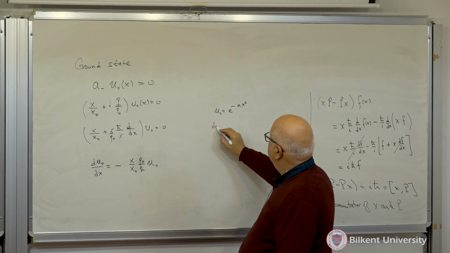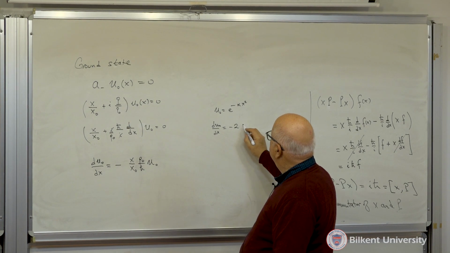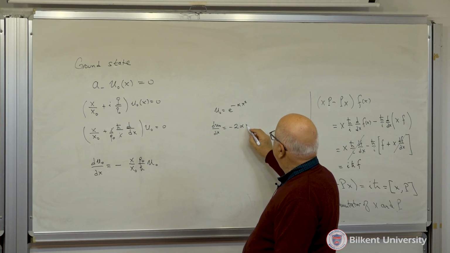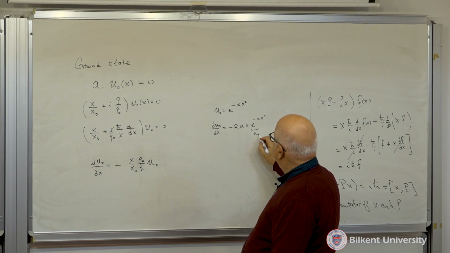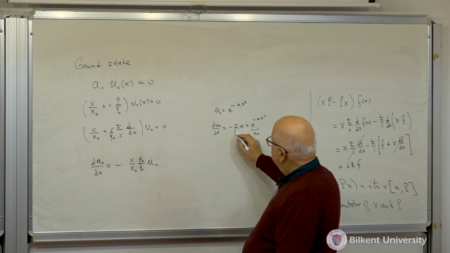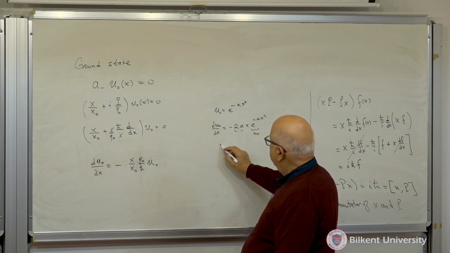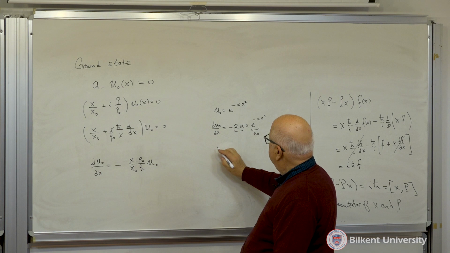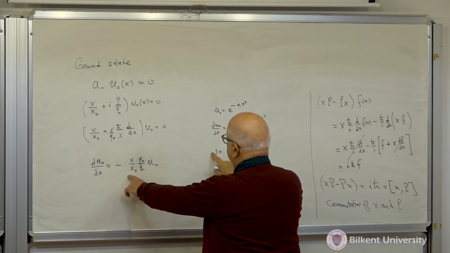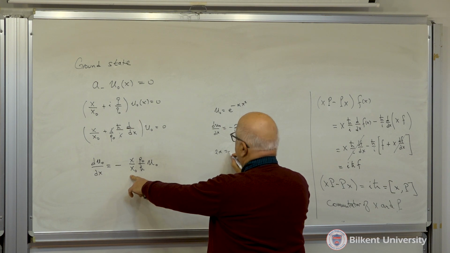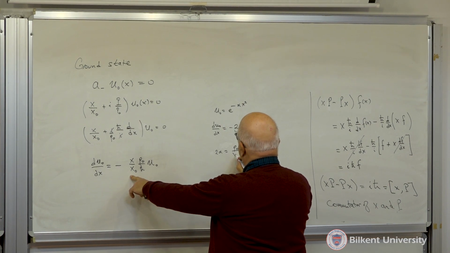So du0 dx is going to be minus 2 alpha x e to the minus alpha x squared. In order to satisfy this, 2 alpha must be equal to p0 over x0 h bar.